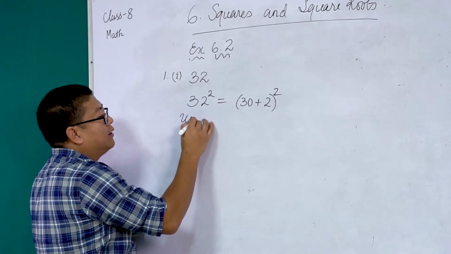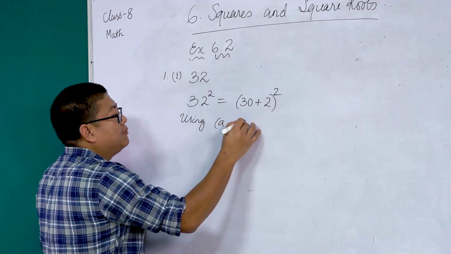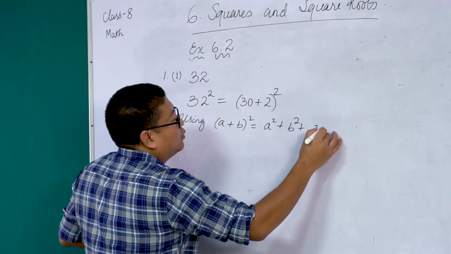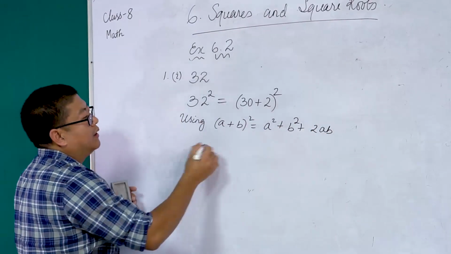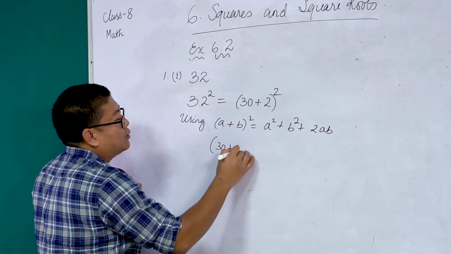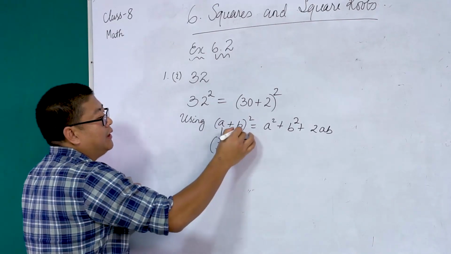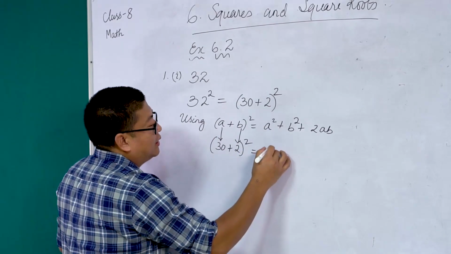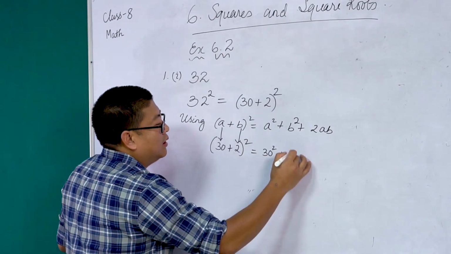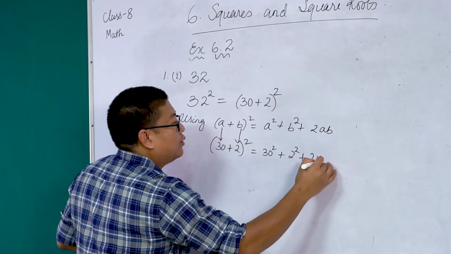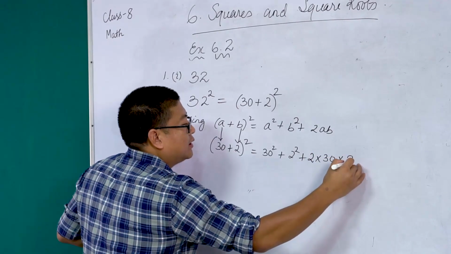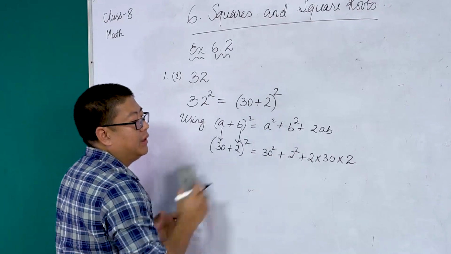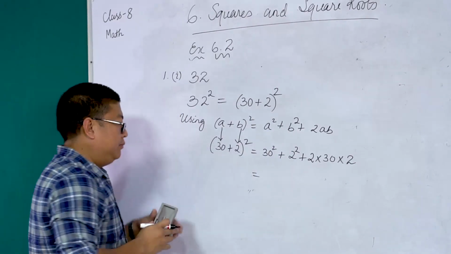Now using a plus b the whole square, a square plus b square plus 2ab. Using this formula, now 30 plus 2 the whole square. Your a is 30, your b is 2. So your a, 30 square, plus your b, 2 square, plus 2 into a, 30, into b, 2. We are simply replacing a and b. Nothing much going on here.